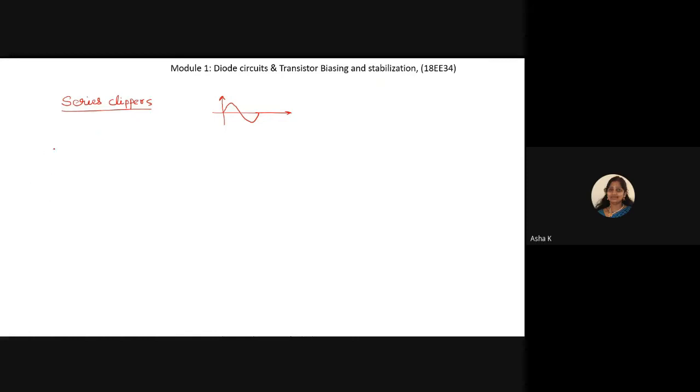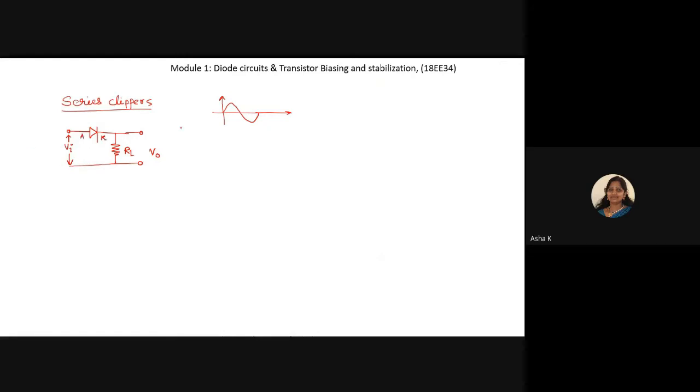Here it is a series negative clipper circuit that I am going to draw. I'll have a diode, and after this diode, the output is measured across the load resistance, which is called RL. The input voltage is connected to the anode terminal of the diode, and this is the cathode terminal.